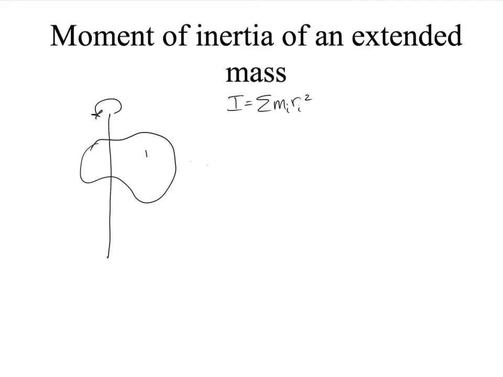At first we could take this little piece of mass and here's its distance, but instead of m sub i, we'll call it delta m sub i because it's just a little piece of the total object. And so this expression might change to delta m sub i r sub i squared. Well, now when I broke up and took this little piece of this object, I made it a little square or a cube. But of course we know that using these little blocks will introduce some error.